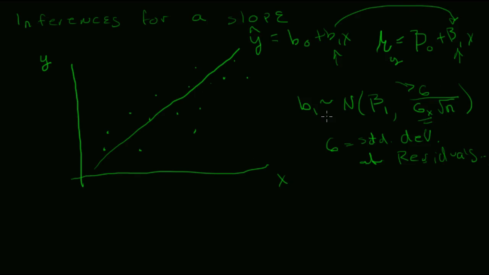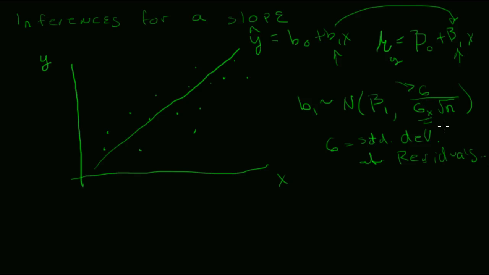So if we have the right conditions, b1 is distributed centered at beta 1 with a standard deviation of sigma, the standard deviation of the residuals, over the standard deviation of the x's times the square root of n.